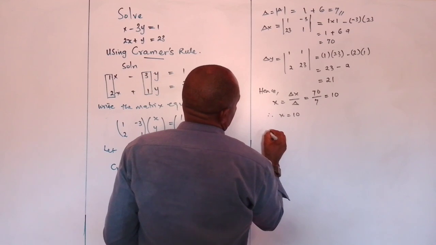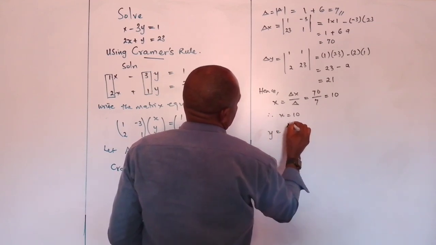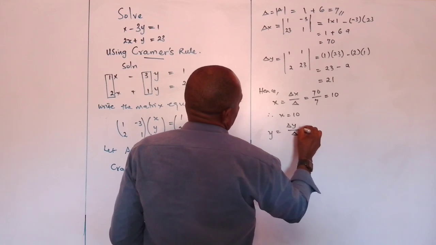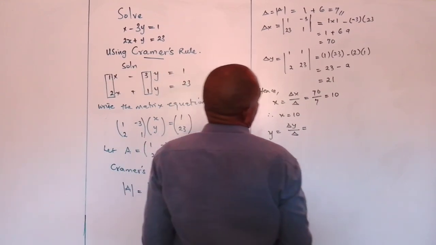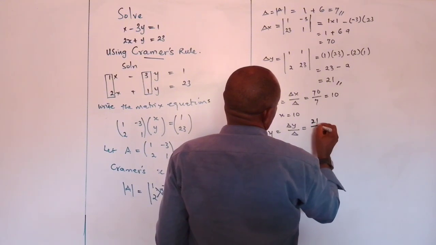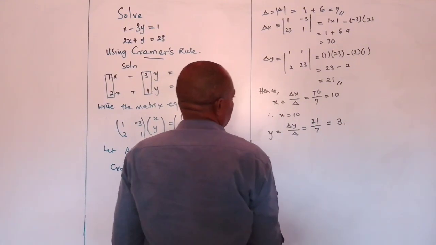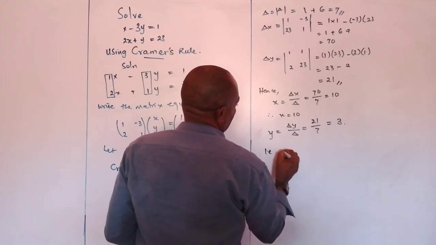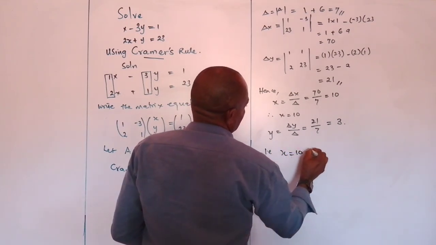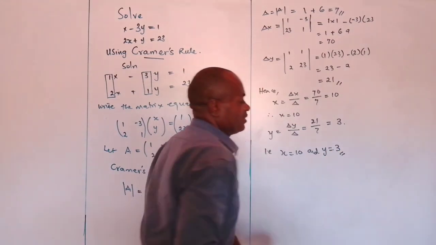And then y is equal to delta y over delta, and delta y is 21, so you have 21 over 7. The result is equal to 3. That is, our x is 10 and our y is equal to 3.